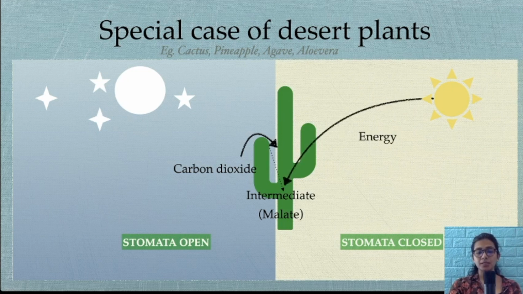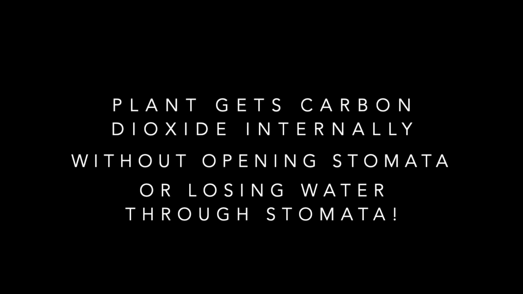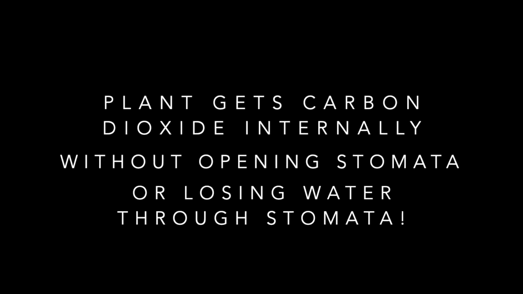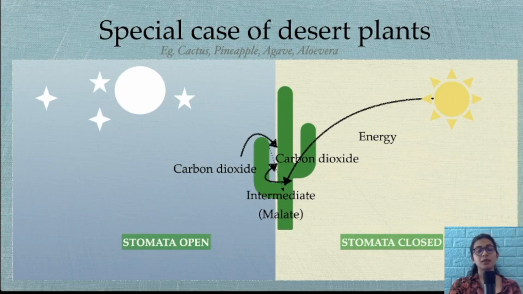It acts upon this intermediate called malate and releases carbon dioxide. So again, gaseous carbon dioxide is released and made available for the plant. And now in the presence of sunlight, it can carry out photosynthesis as usual, right?